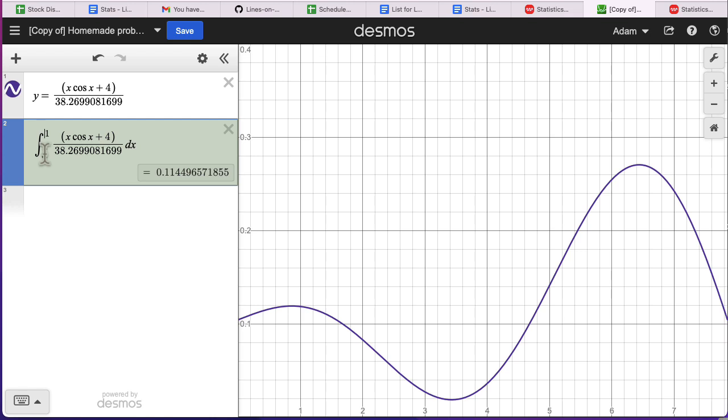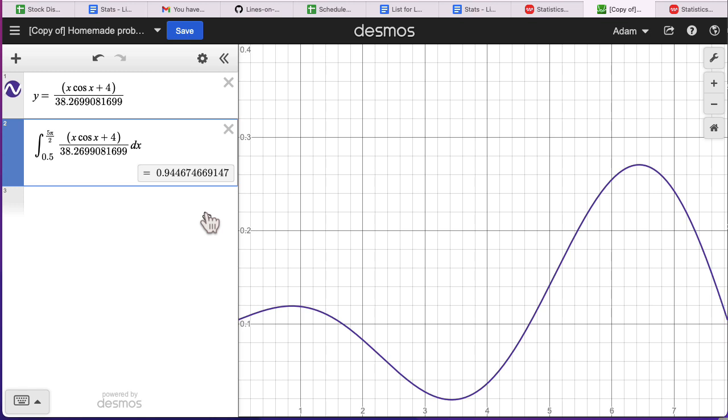I can change the lower bound. So what's the probability that it takes on a value between 0.5 and 1? Well, there's a 5.9% chance. Or if I keep the upper bound set at 5 pi over 2, there's a 94.4% chance that my continuous random variable takes on a value between 1/2 and 5 pi over 2. Great. So that's one way that I can accomplish this.